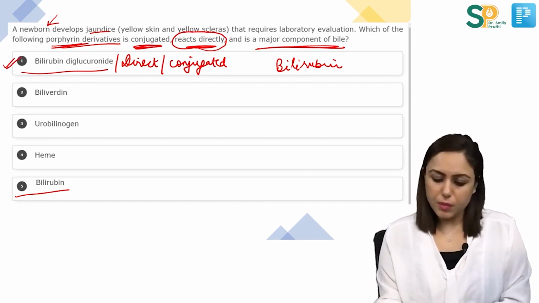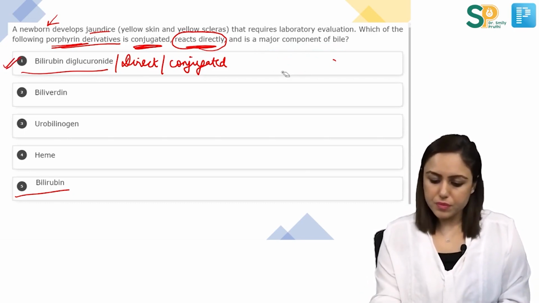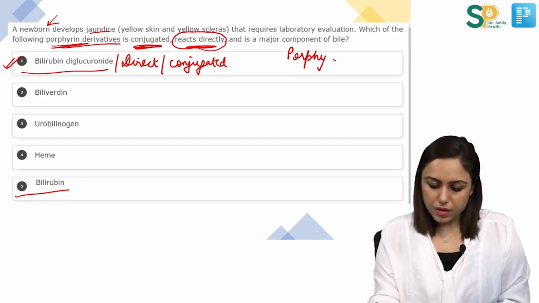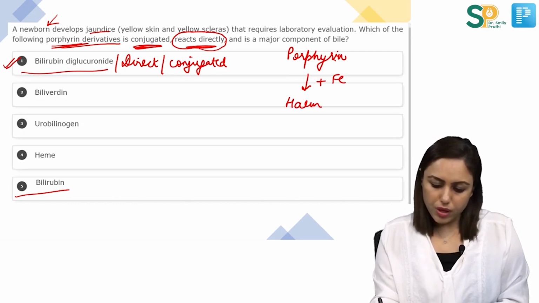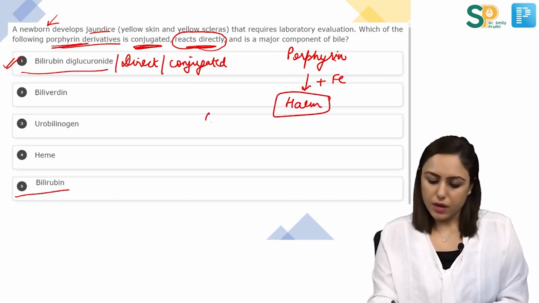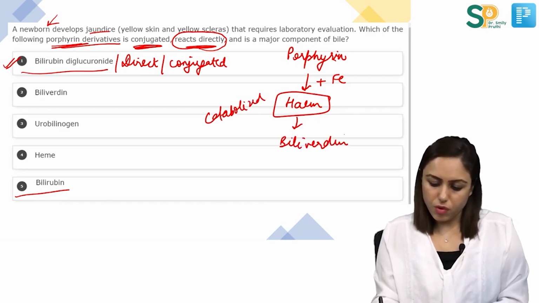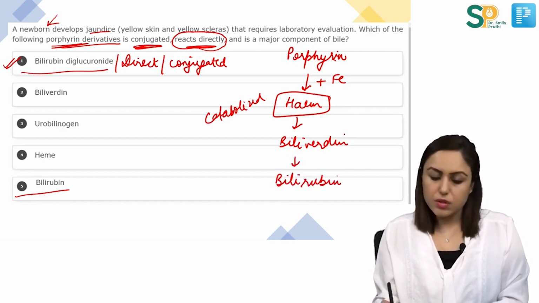Now how come it is coming from porphyrin? See, in the porphyrin ring, iron is added to make heme, and when heme is catabolized, first biliverdin is formed, then bilirubin is formed, okay.